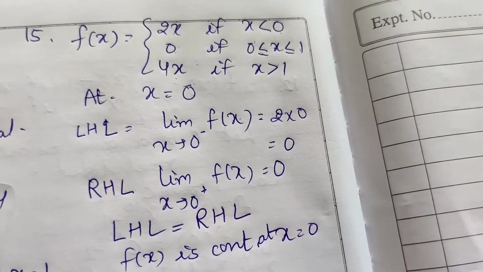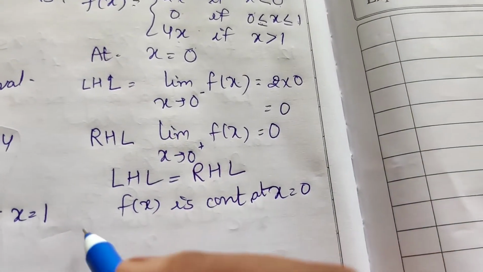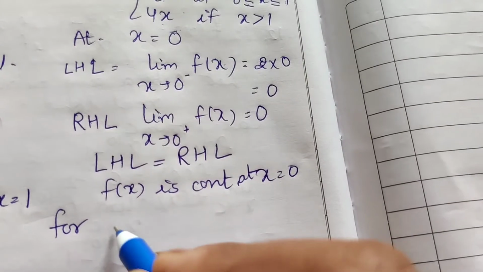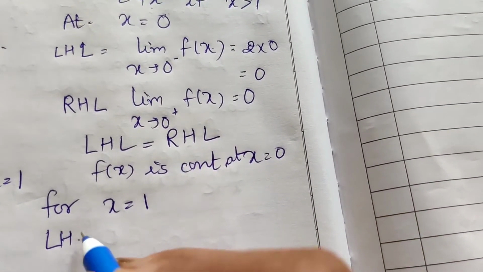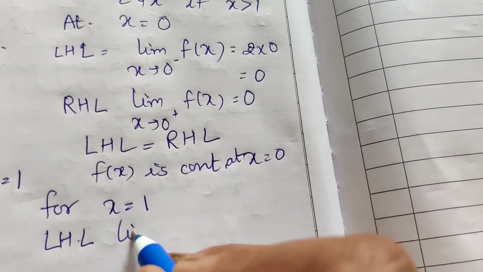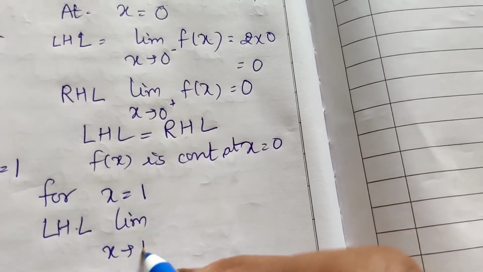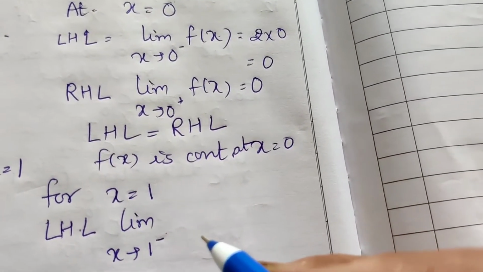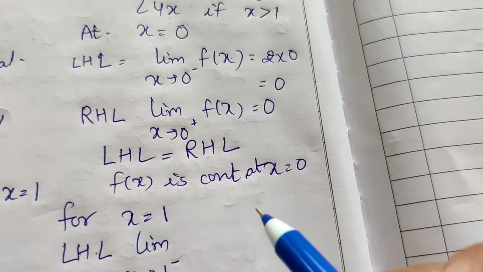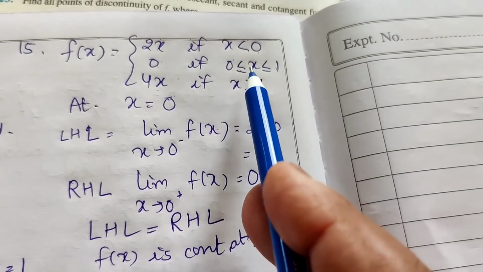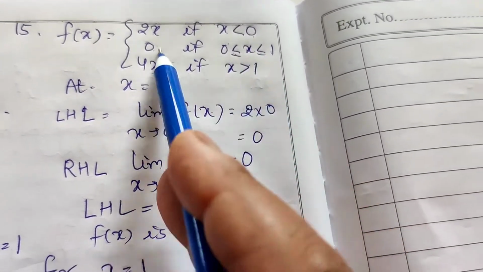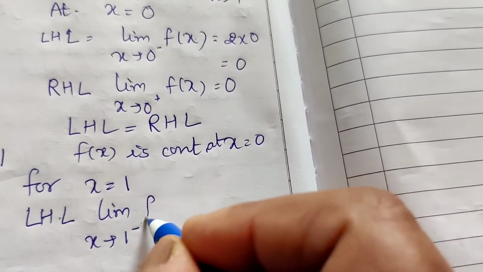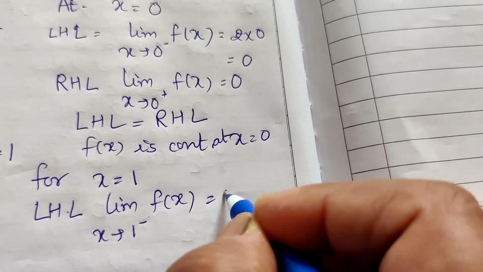Now check x equal to 1. For x equal to 1, the left hand limit, x tends to 1 from the negative side, where x is less than 1, the function value is 0.